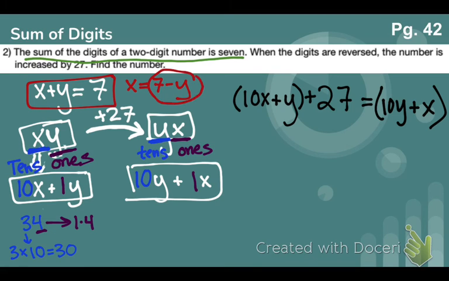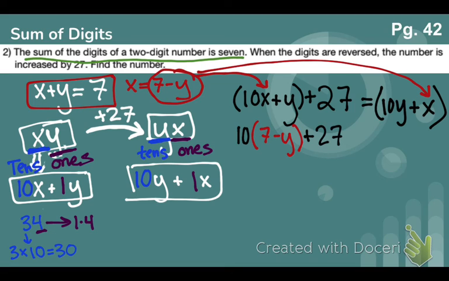So I'm going to take this whole part, 7 minus y, and substitute it in for x. Now what variable do we have in that equation?